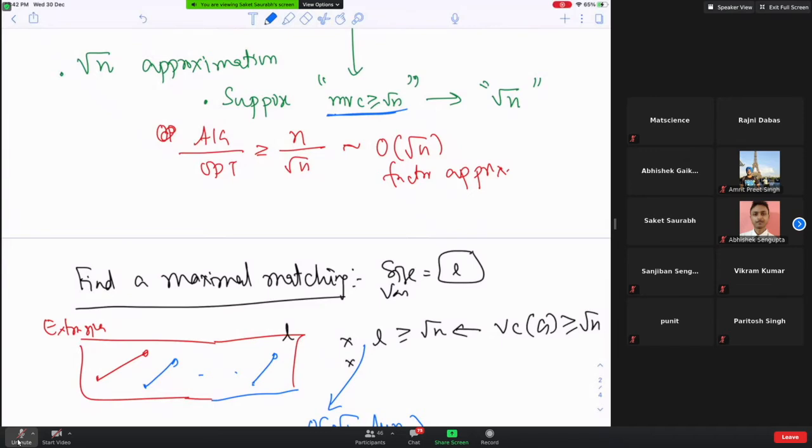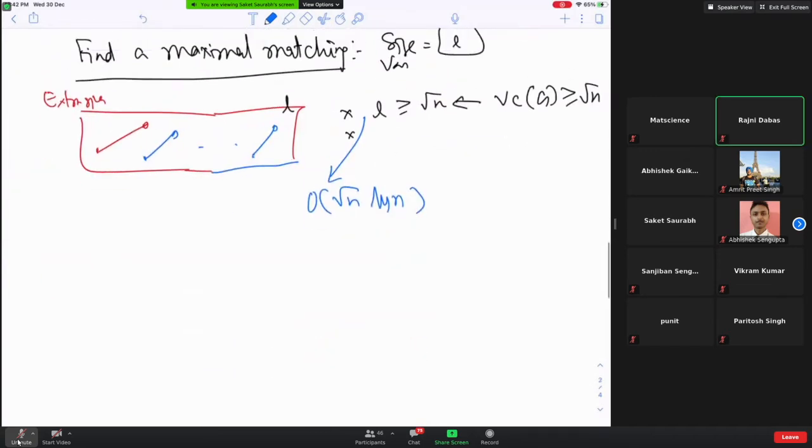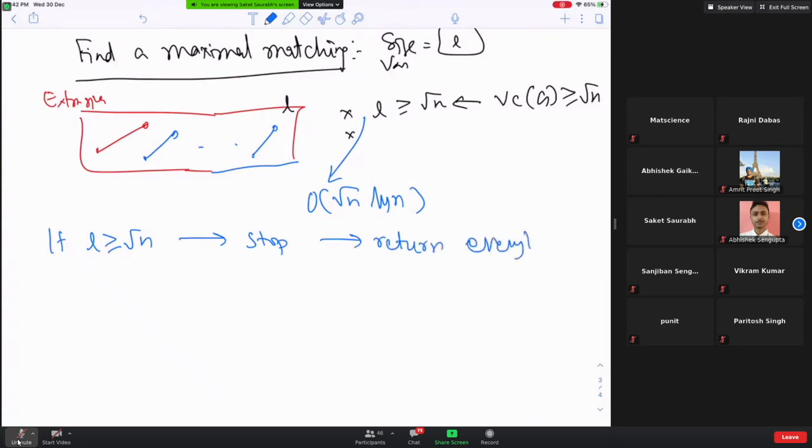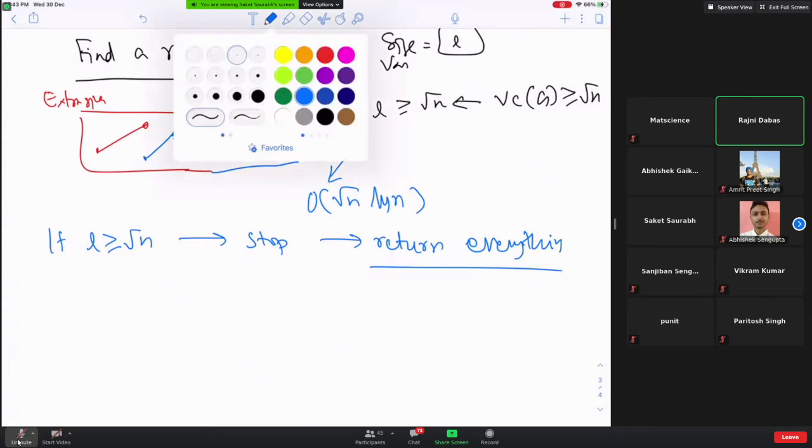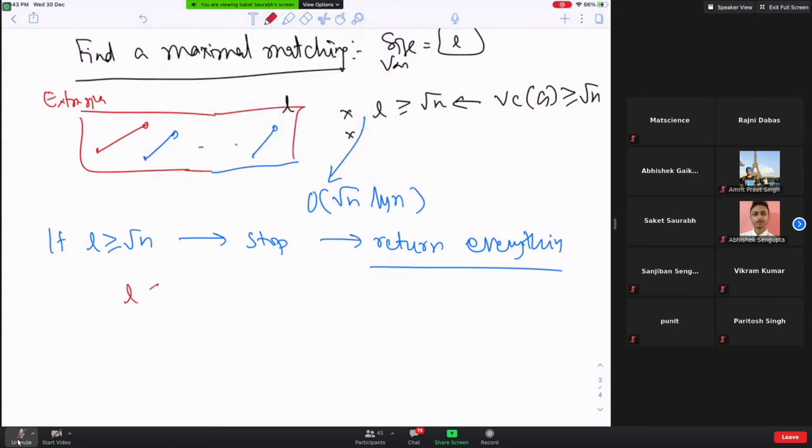So the moment L becomes greater than or equal to root n, stop, return everything. All good?